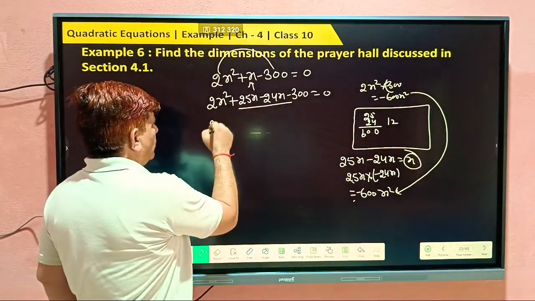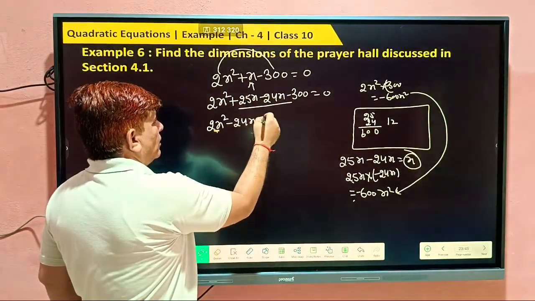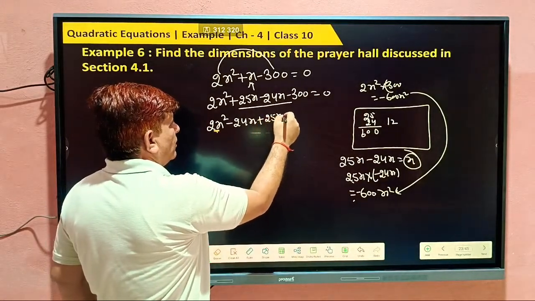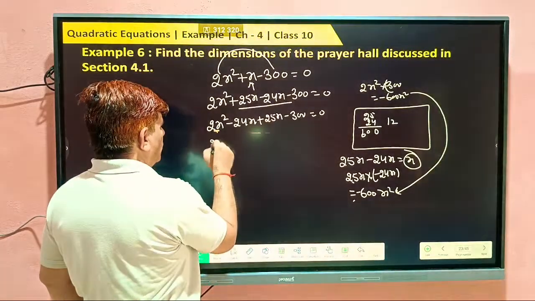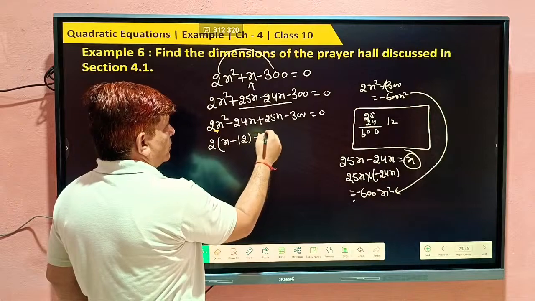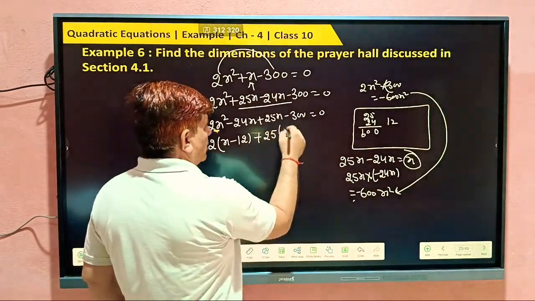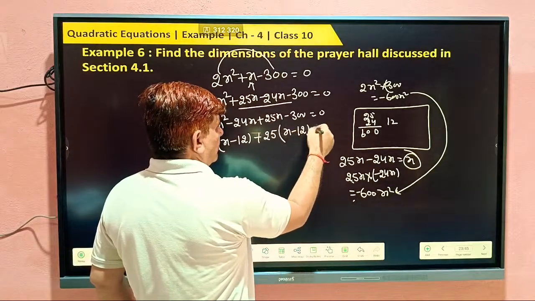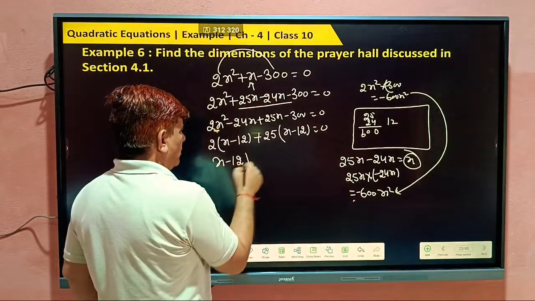So we can write 2x square minus 24x plus 25x minus 300 equal to 0. What's common? 2 is common. x minus 12 plus what's common? 25. So what's coming? x minus 12 is equal to 0. So what's common? x minus 12.